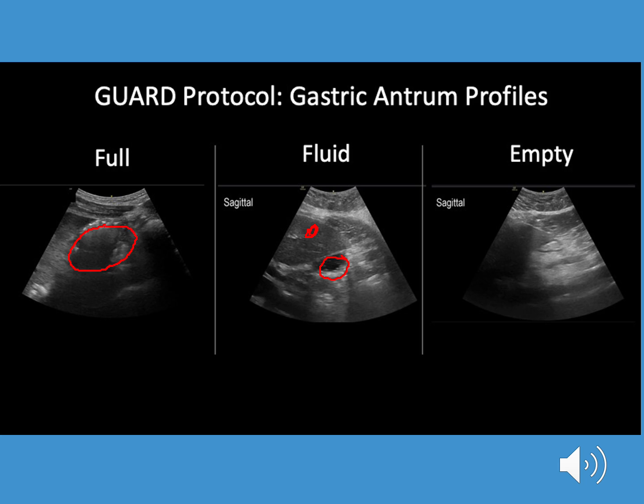On the right, an empty stomach, we're going to see an antrum that is hyperechoic, which means it is bright appearing, and that is the muscles of the antrum collapsed on each other because there's nothing in there to be digested.